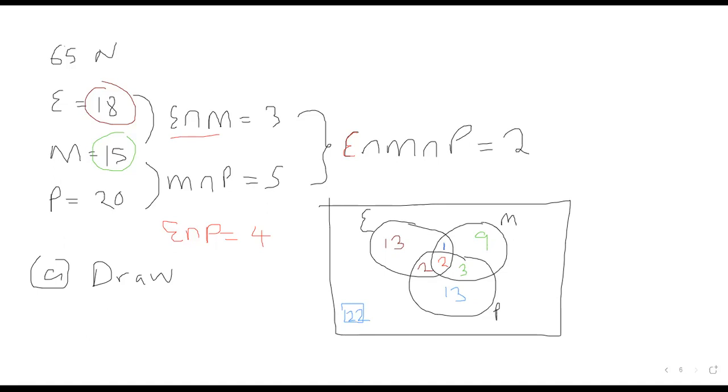So my question is, what is the complement of... For A, find, give me E intersection.